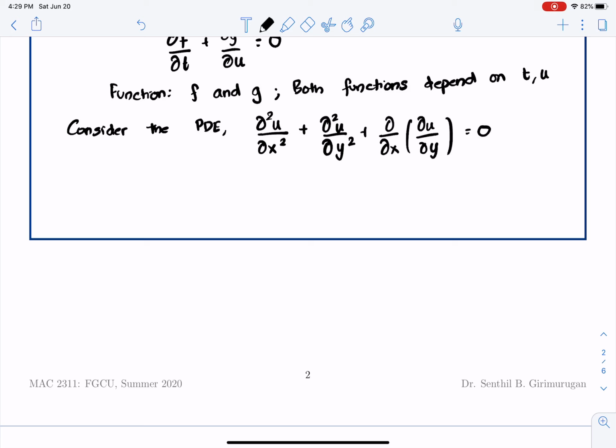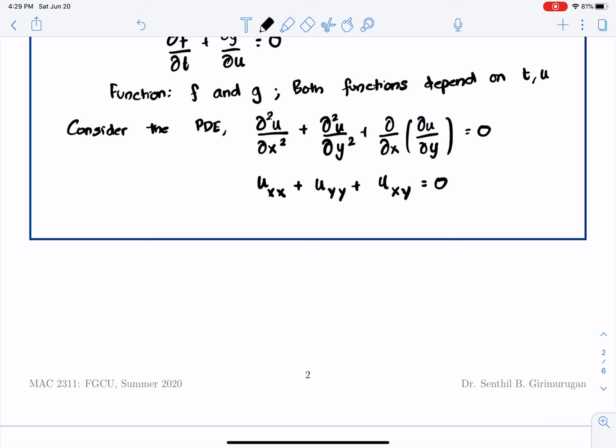So here the function or the dependent variable is u, and the independent variables, there are two of them, x and y, and this is a partial differential equation in two variables. A subscript notation here is u x x plus u y y plus u x y.